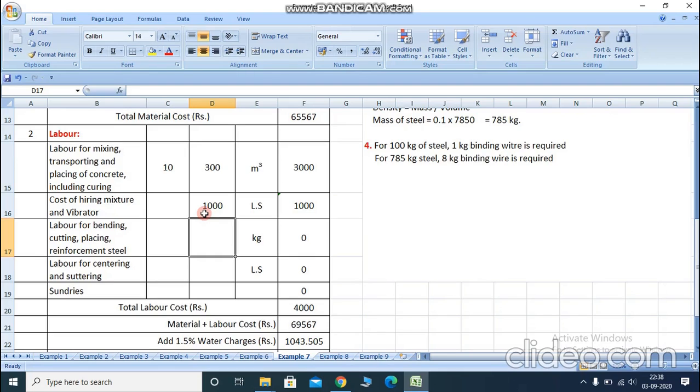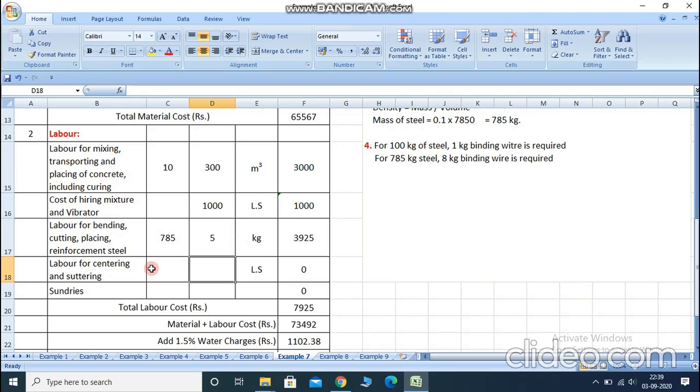Now labor for bending, cutting and placing of the reinforcement. See this value, 785 kg. Per kg 5 rupees amount is given for bending, cutting, placing of the reinforcement steel. So 785 multiplied by 5, 3925 rupees. Then after, labor for centering and shuttering.